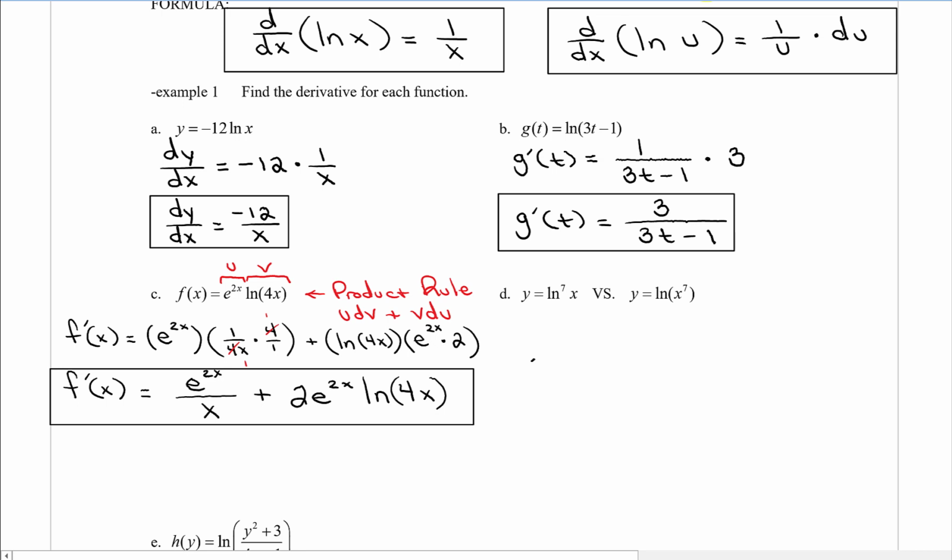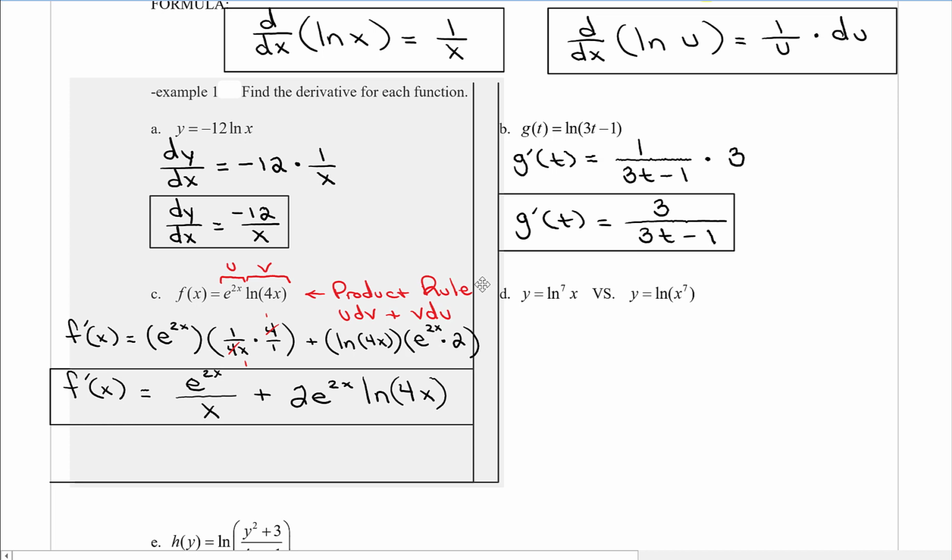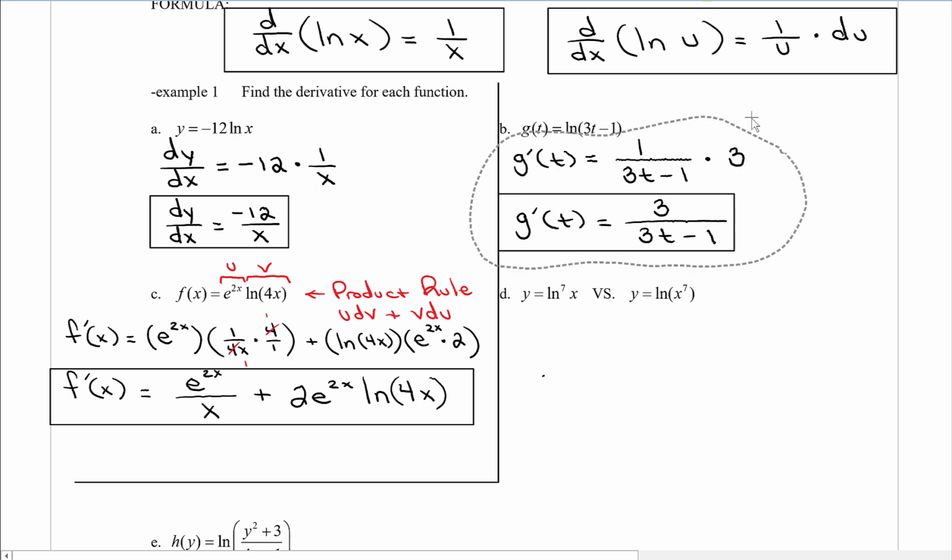I'm also going to draw a line coming down from the very top in the middle here from example 1, right after it says find the derivative of each function, all the way down below example 1c, and I'm going to extend this line over horizontally to the left. And it's just so that I can have a line dividing the work here so that the work is separated between my examples. I'm also going to lasso the work I did for example 1b, and I'm going to move it slightly to the right so it looks a little more centered in that area.